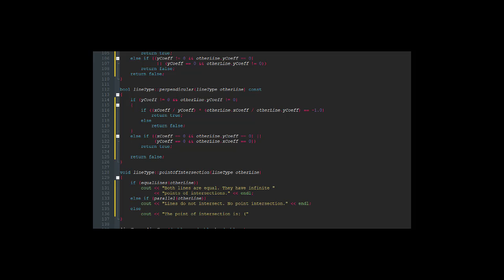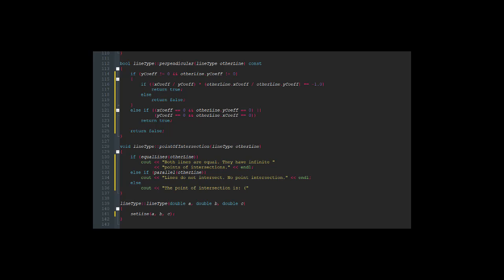Now we need to determine how we will calculate the point of intersection. So in order to find the point of intersection of a line, the way that we do it is we have the constant term and then we multiply it by the other line's coefficient. And then we have our y coefficient multiplied by the other line's constant term, and we subtract each of those terms.